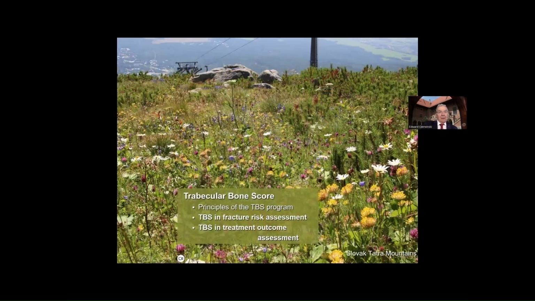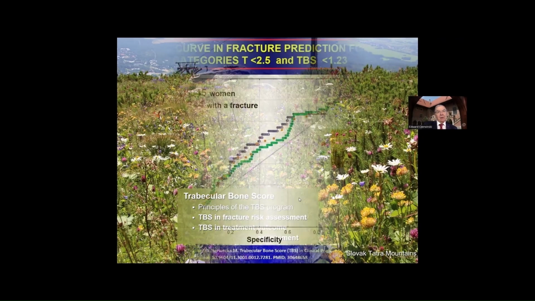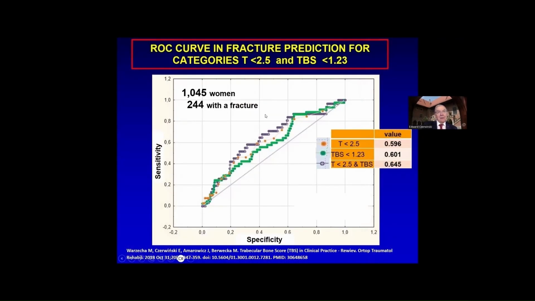And now we go to the principles of the program we talk about and how it works in fracture assessment. Here is our material, and you see 1,000 women, 244 with fracture, and here is the sensitivity and specificity.